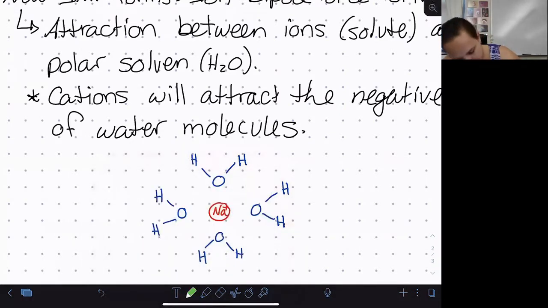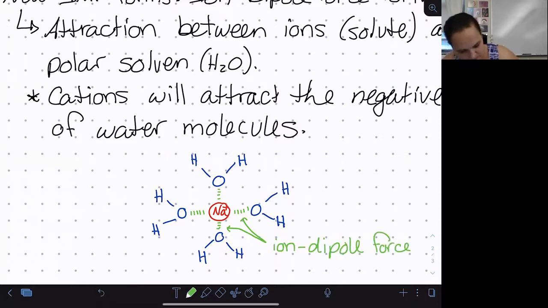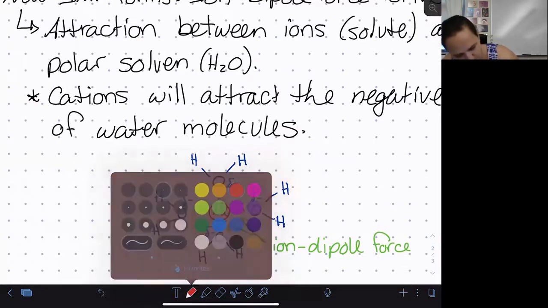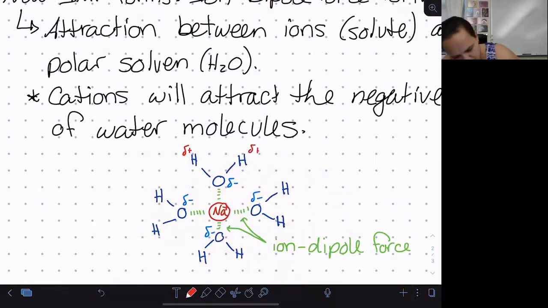And this interaction in here between the ion and the water molecules is our ion-dipole force. Because this oxygen in each one of our water molecules has a slight negative charge, the hydrogen is where the positive charge lies in a water molecule.